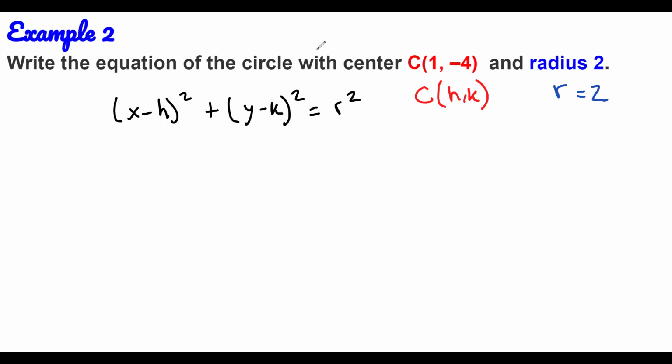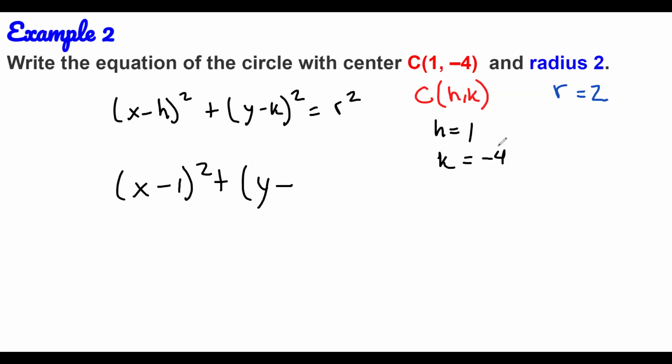So what do I write as my equation? X minus what? What's my h component? H is 1 and k is -4. So let's go ahead and write x minus 1 squared plus y minus k, in this case -4, squared equals r squared, which is 2 squared.